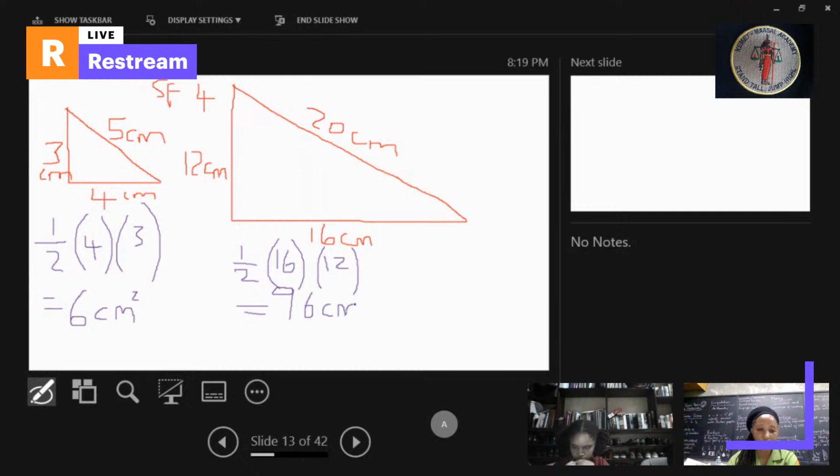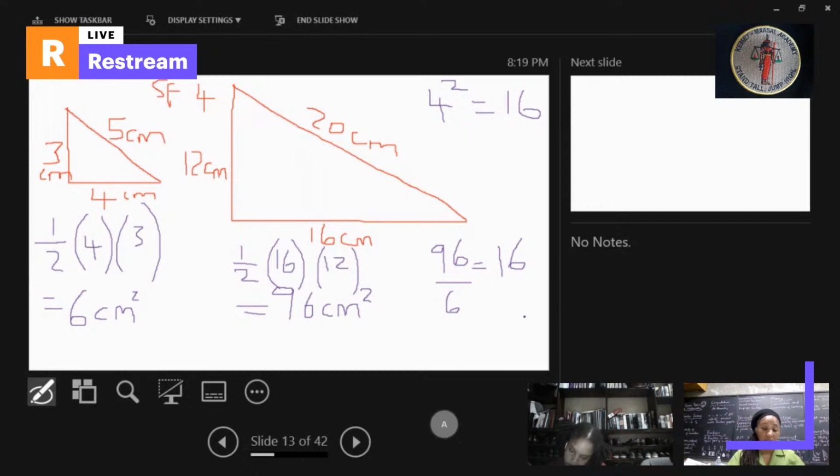All right. So how are we going to test now? The scale factor is 4, so we're going to square the 4. So 4 squared is 16. So we need to see if 96 is 16 times 6. Is that the case? 96 divided by 6. Yes, miss. All right.